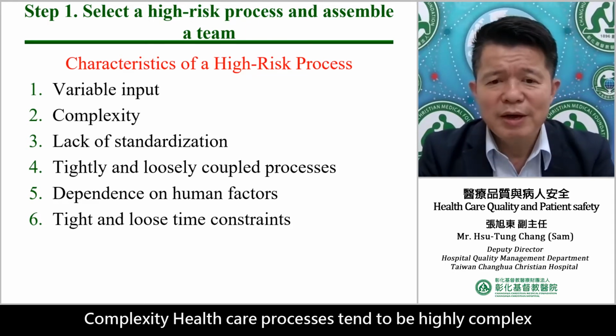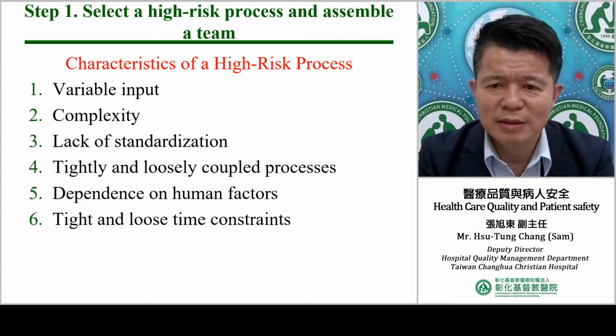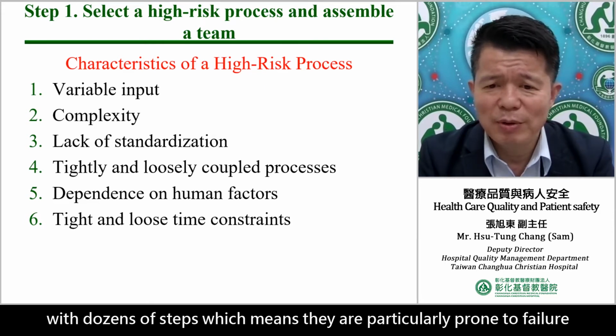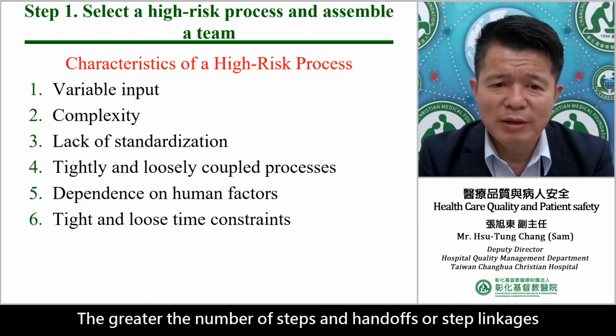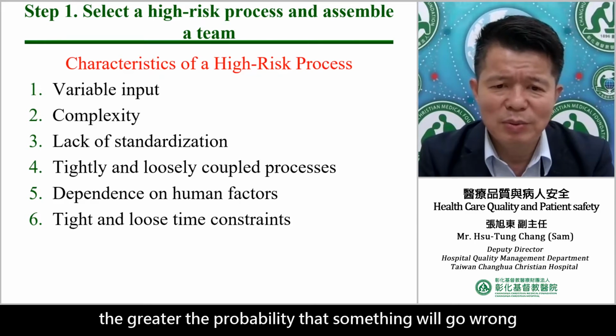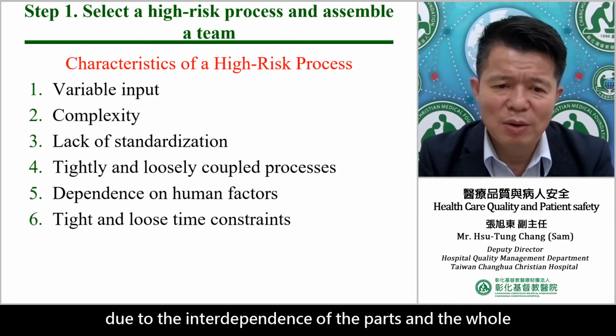Complexity: healthcare processes tend to be highly complex with dozens of steps, which means they are particularly prone to failure. The greater the number of steps and step linkages, the greater the probability that something will go wrong due to the interdependence of the parts and the whole.